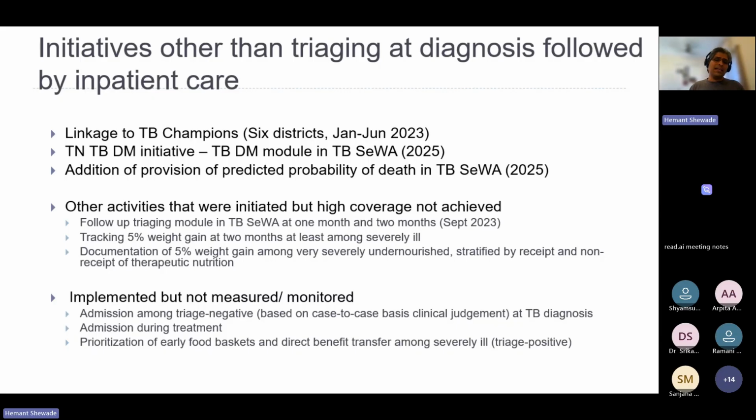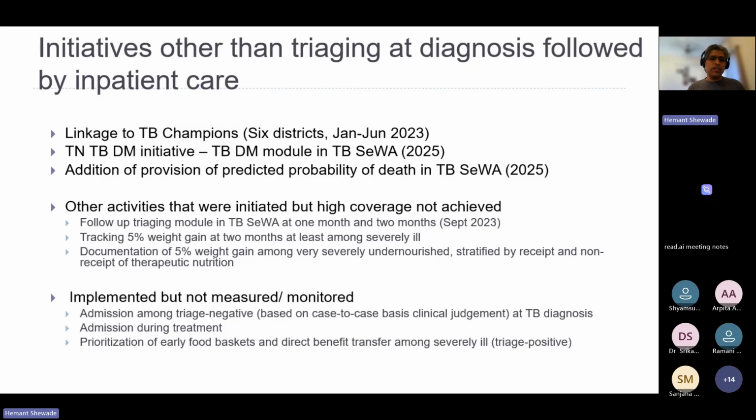The public health guidance was to identify triage positives at diagnosis and prioritize them for inpatient care. Triage negatives at diagnosis could be admitted based on one-to-one clinical judgment and availability of beds. During treatment too, based on availability of beds, they could be admitted. Senior treatment supervisors were recommended that whenever they meet a TB patient during treatment, they just use the triage form, and if they find the patient triage positive, consider them for admission.